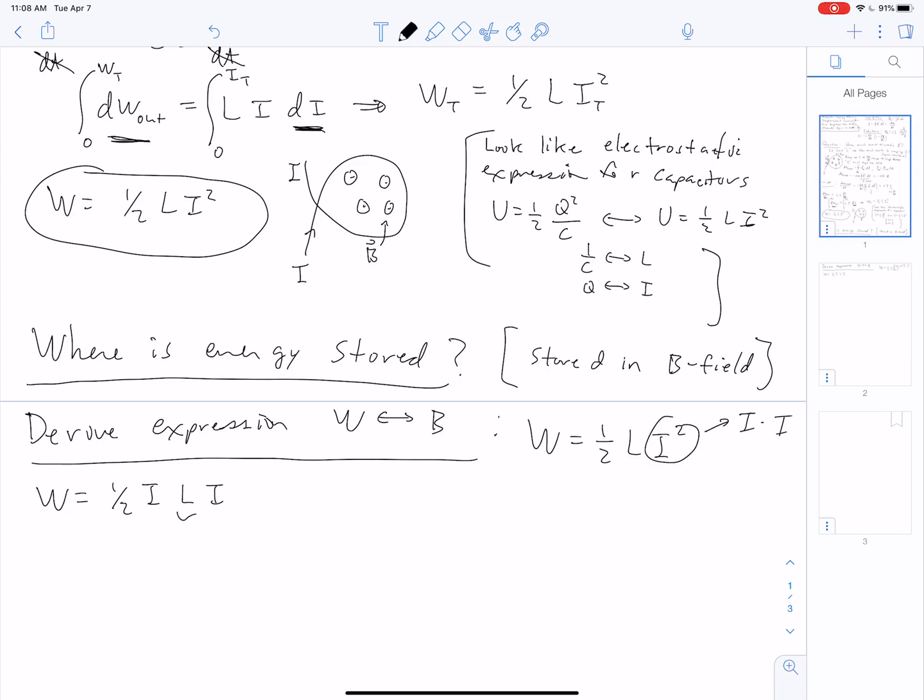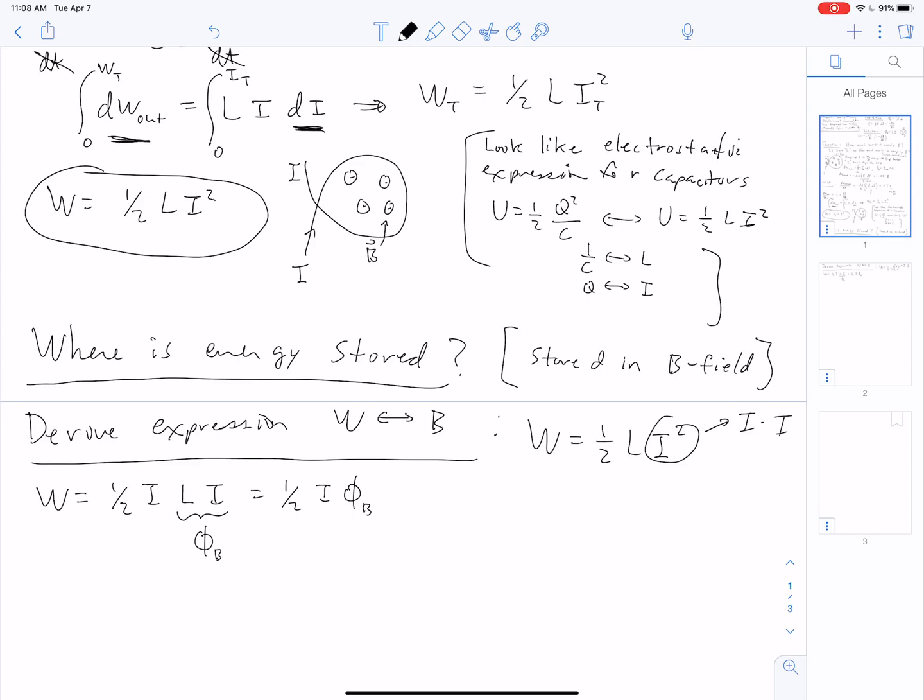But now I have L times I. And what's the inductance times the current? Well, by definition, that is the magnetic flux through the loop. And so this is then 1/2 I times the magnetic flux in my current loop.